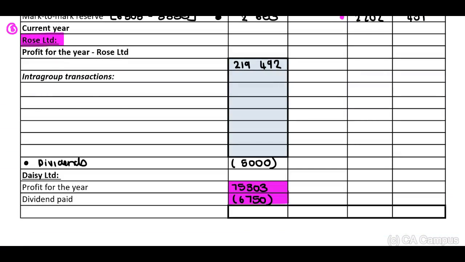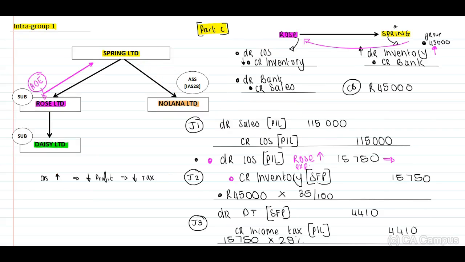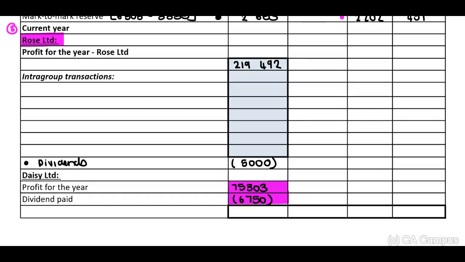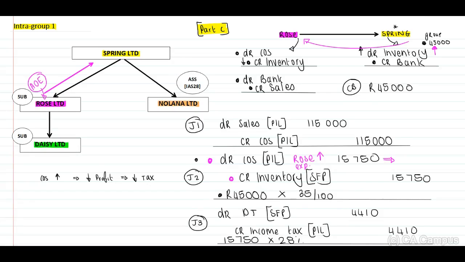Okay, so guys, this will be, just get the journal number 2. Journal number 2, and this is an increase in an expense. Therefore, guys, brackets 15750, and we need to remember our tax.